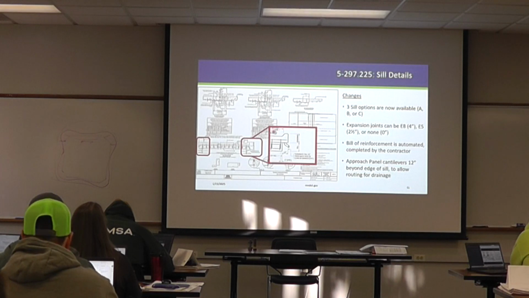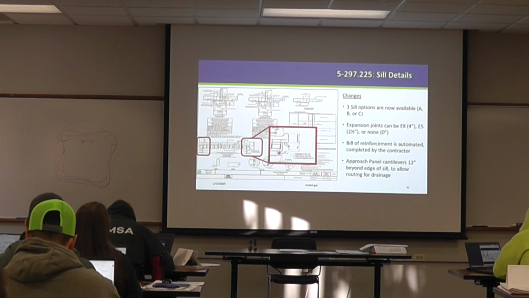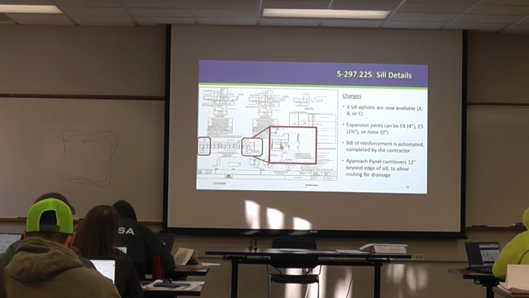This is a change. So this is a section view, or an elevation view, I guess, of the sill itself. And it used to extend all the way out to the edge of the curb, more or less. And now we've got this 12-inch cantilever of the top of the approach panel and the curb extending beyond where the sill does. So we stop the sill short, and that's really to accommodate for this drainage that I'm showing here.